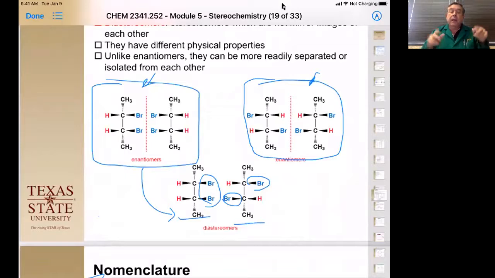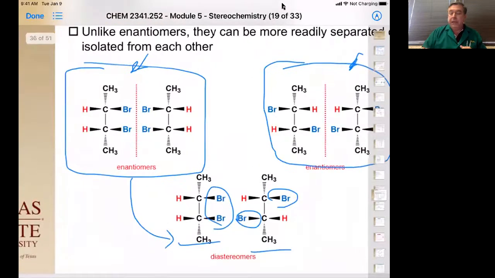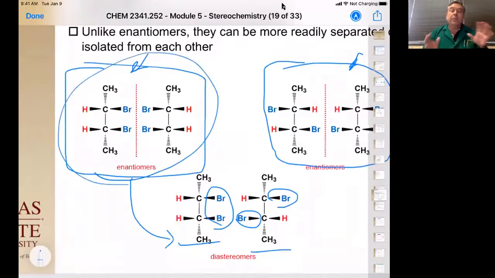The cool thing is that enantiomers all have the same physical properties, right? So the only thing they do is rotate light differently. But in the diastereomer pairs, you can actually tell the difference between the 2 different diastereomer pairs because they frequently have different properties, different melting points and boiling points, so you can differentiate them. So for example, if you had a mixture of this pair of enantiomers here, you would not be able to separate them by most means because they have the exact same physical properties.